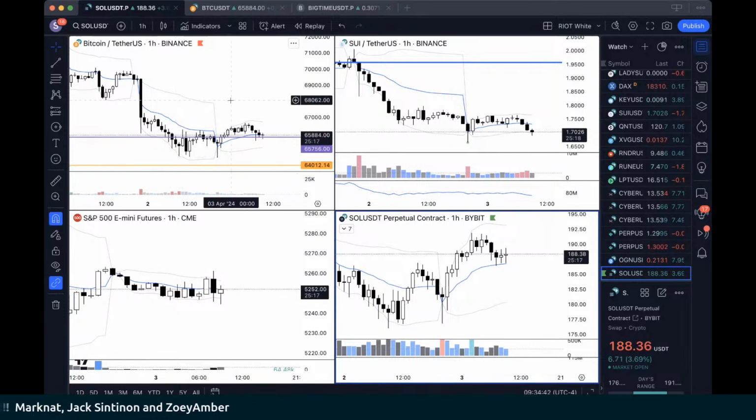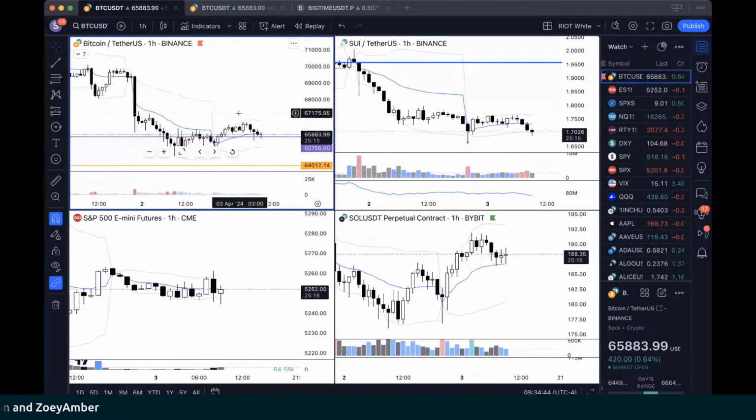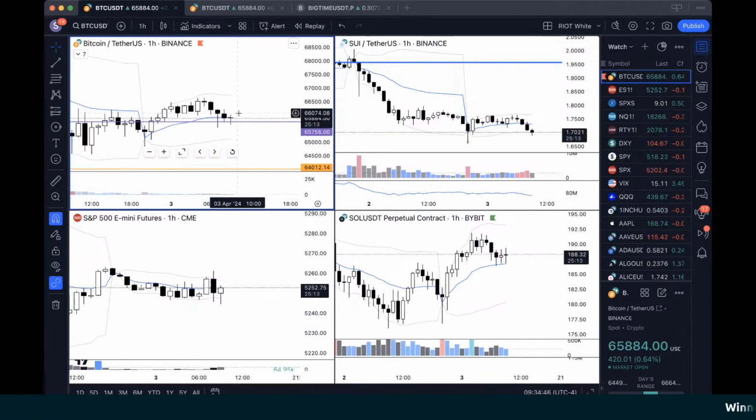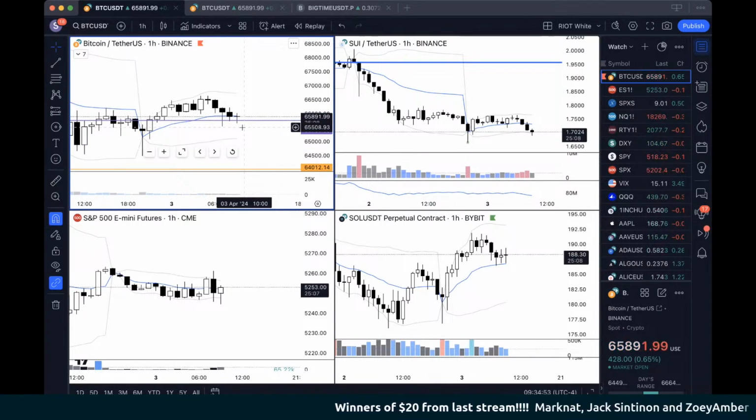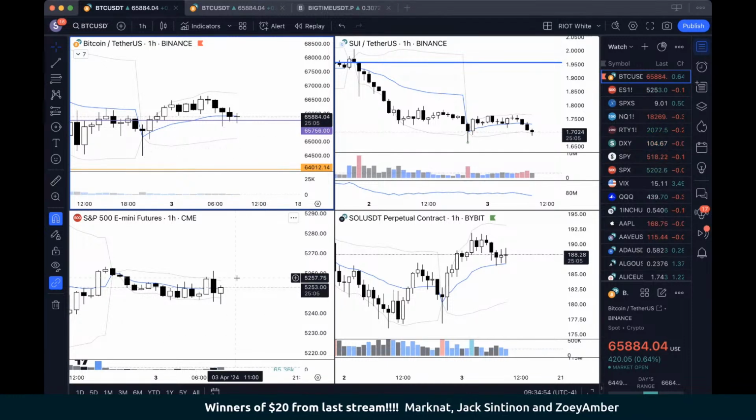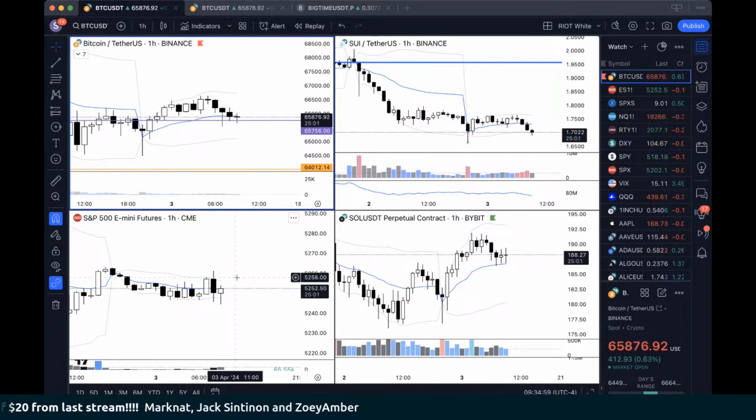I suspect Bitcoin's moved up. Let's see. Hasn't moved up much, but it is showing a little bit of strength. I really think the market has a chance to creep up here. You don't want to bet on that.